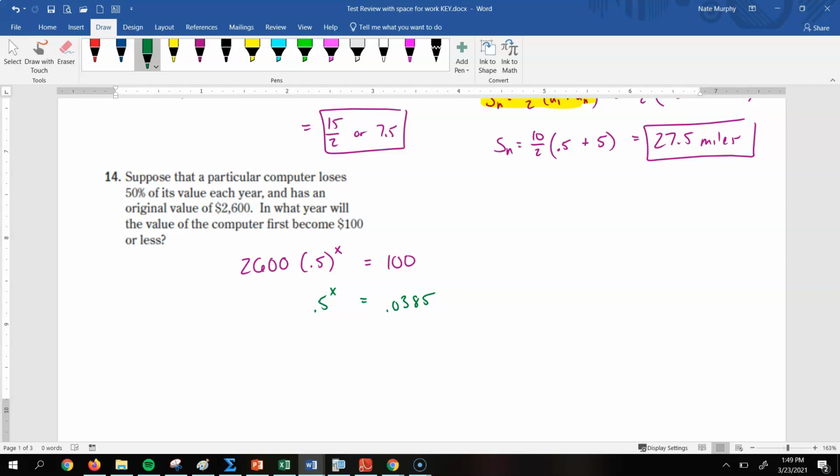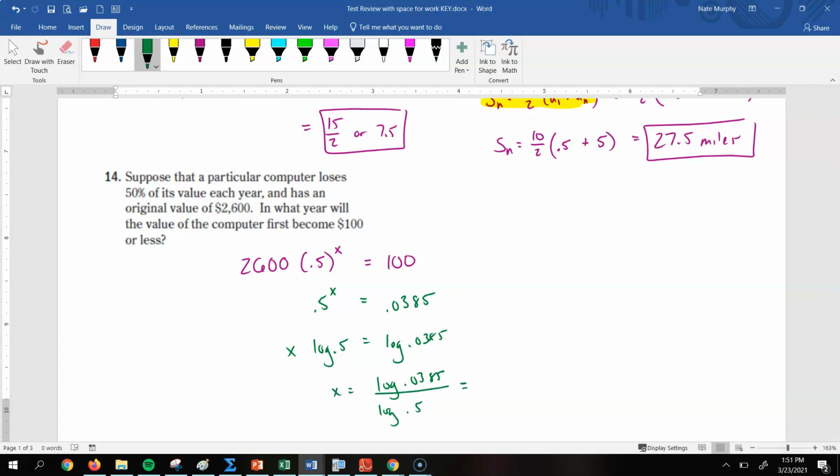So to solve using logarithms, we take the log of both sides: x times the log of 0.5 equals the log of 0.0385. So to find what x is, we would just divide both sides by the log of 0.5. So the log of 0.0385 divided by the log of 0.5.